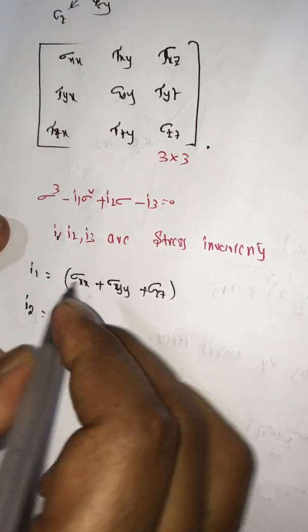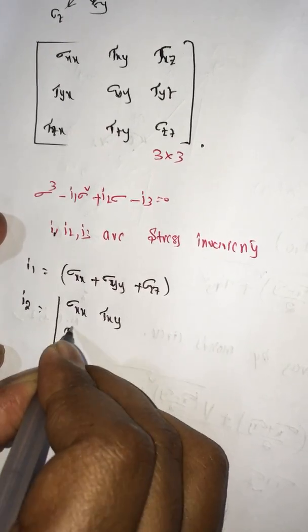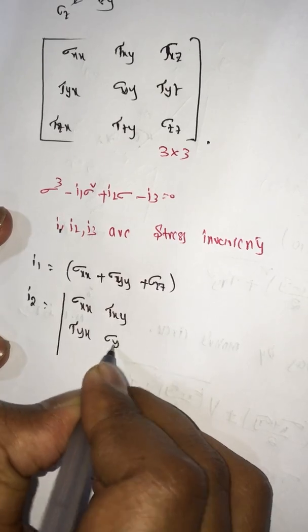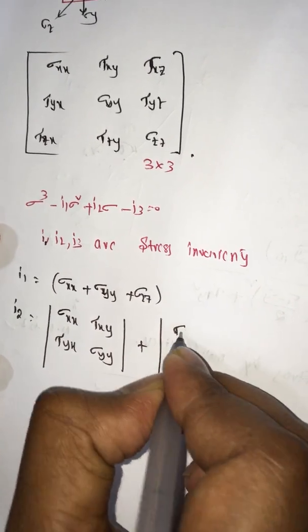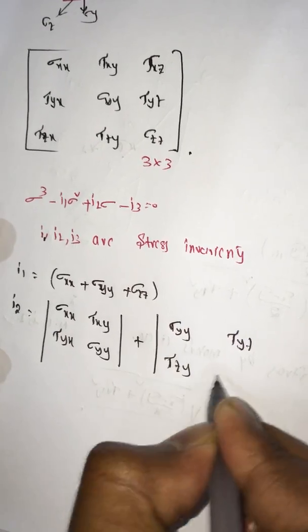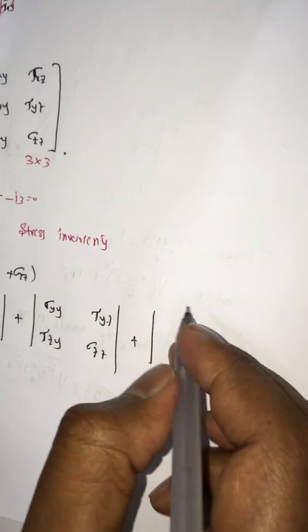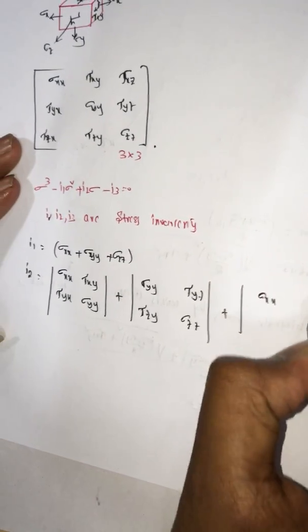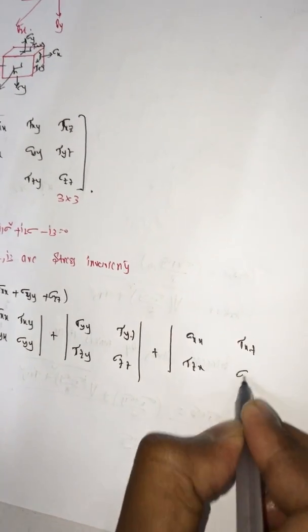I2 is equal to the determinant of sigma xx, tau xy, tau yx, sigma yy, plus the determinant of sigma yy, tau yz, tau zy, sigma zz, plus the determinant of sigma xx, tau xz, tau zx, sigma zz.